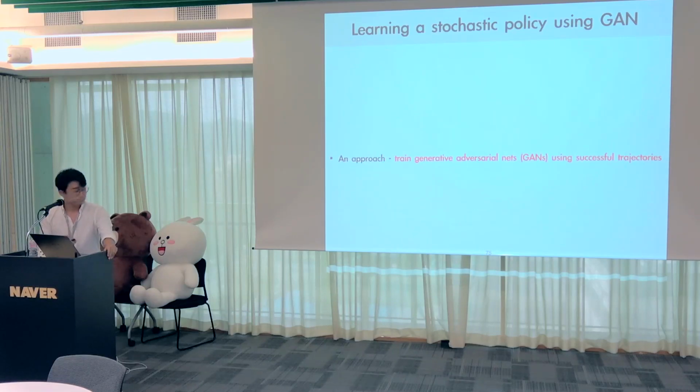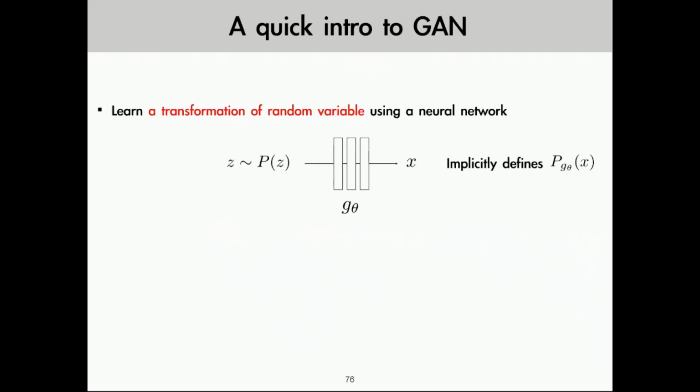So here's a quick intro to GAN. What it basically does is that it learns a transformation of a random variable using a neural network. It takes in some random variable z that is sampled according to p of z, and after seeing a lot of values of x from a particular training data set, g of theta, the neural network, transforms this random variable into another random variable x, and this implicitly defines the distribution p_g of x.